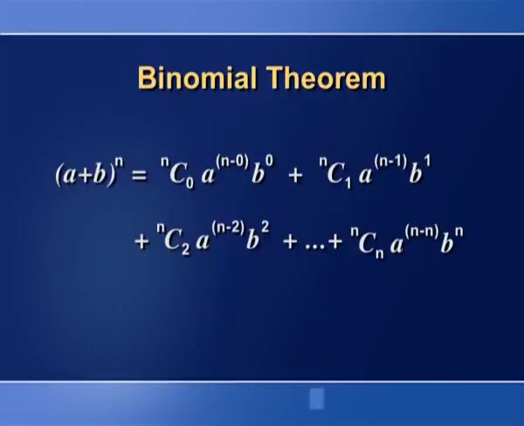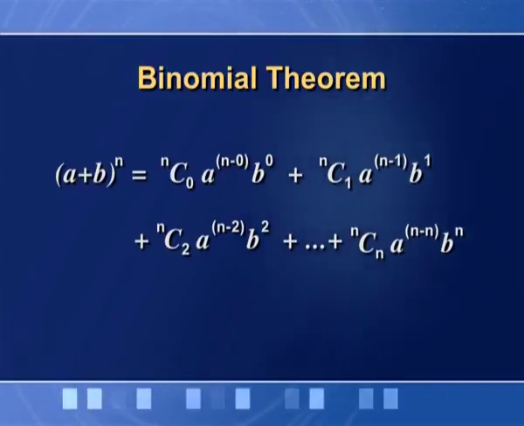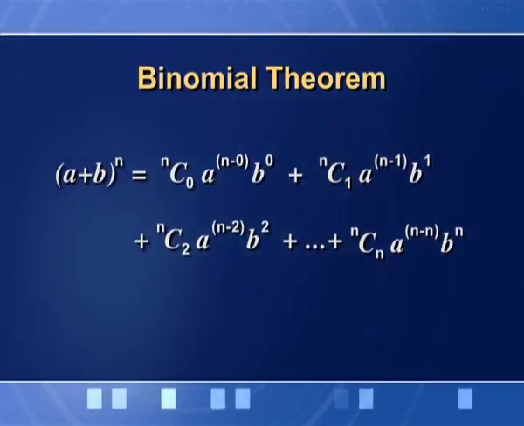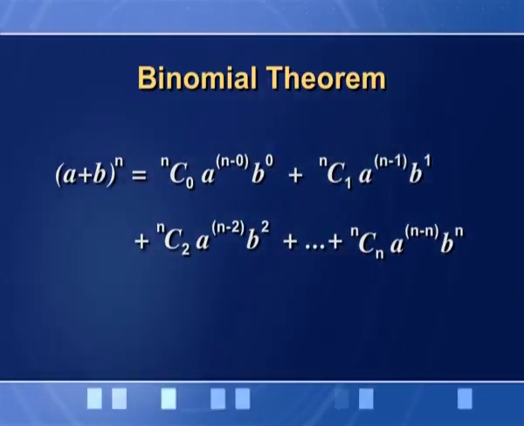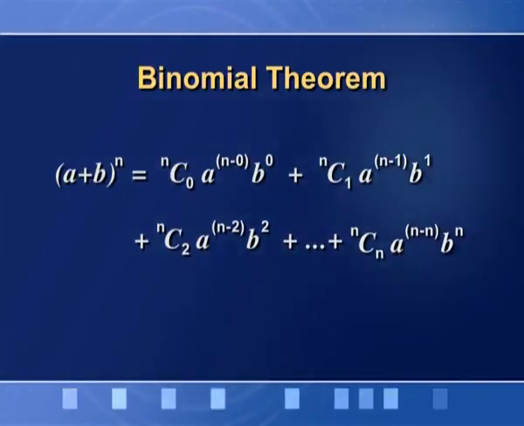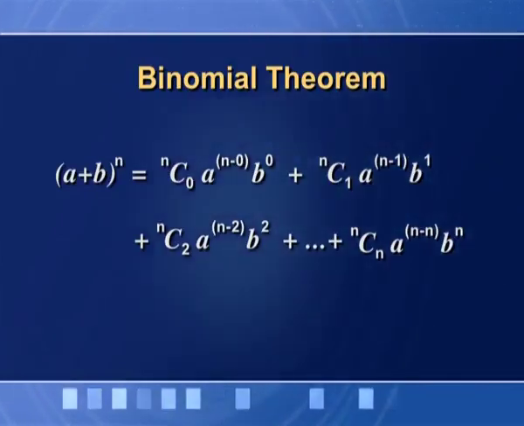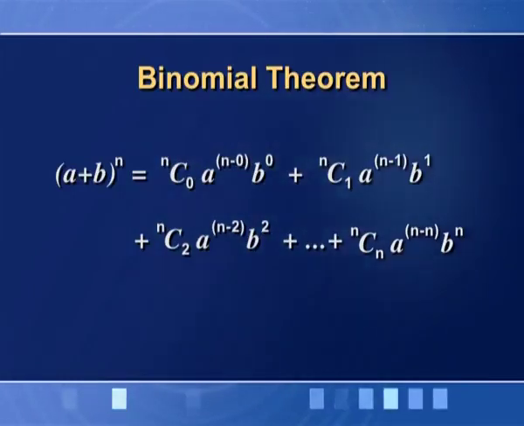Recall that we have studied the expansion of (a + b)^n using the binomial theorem, which is equal to nC0 a^(n-0) b^0 plus nC1 a^(n-1) b^1 plus nC2 a^(n-2) b^2 and so on.